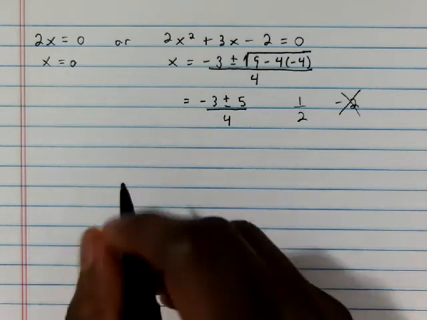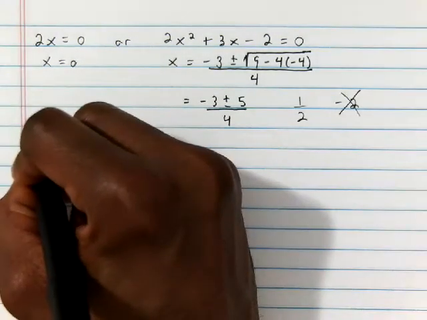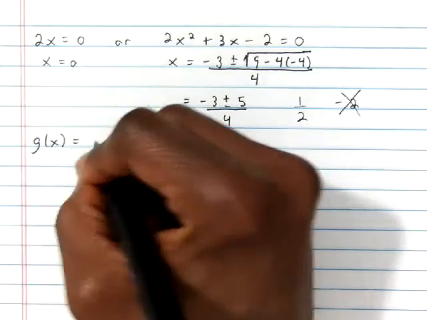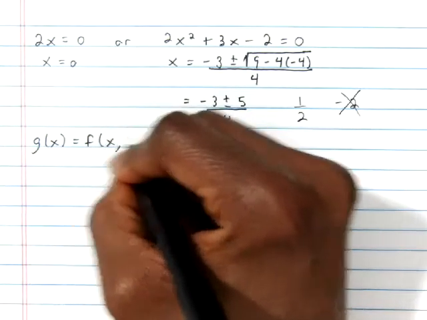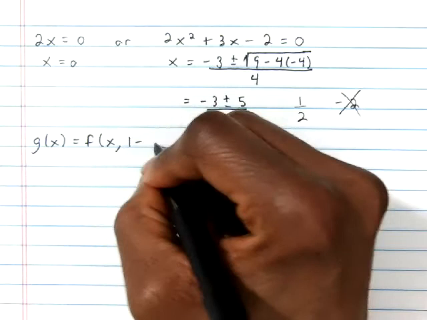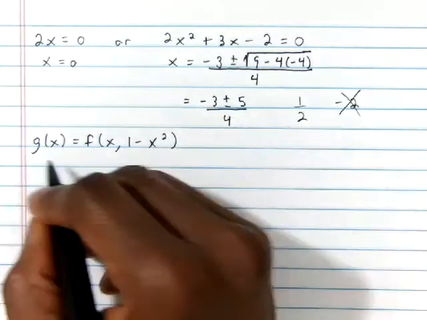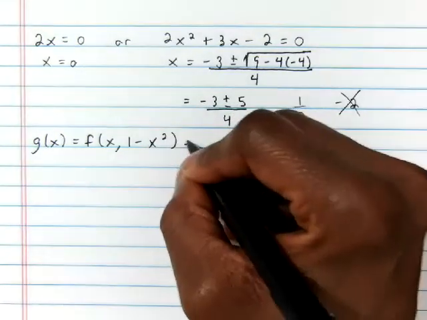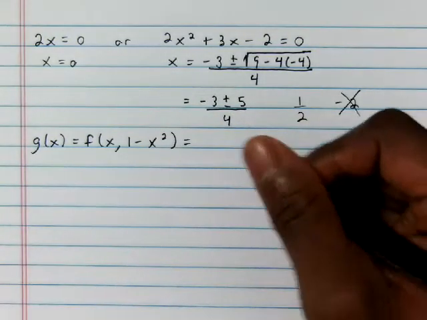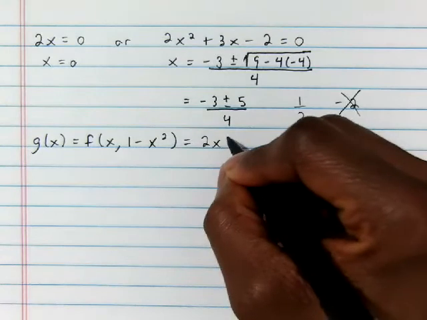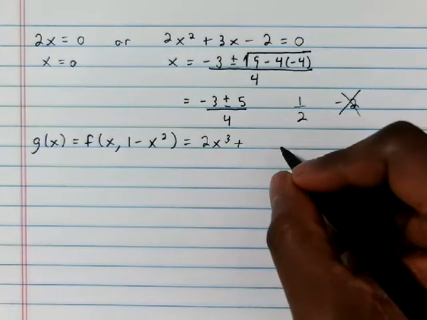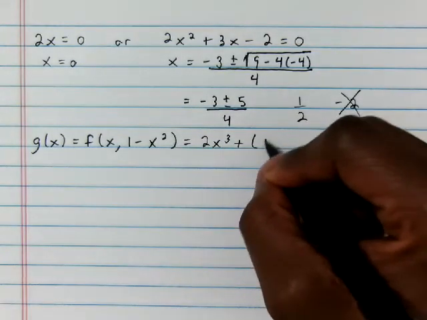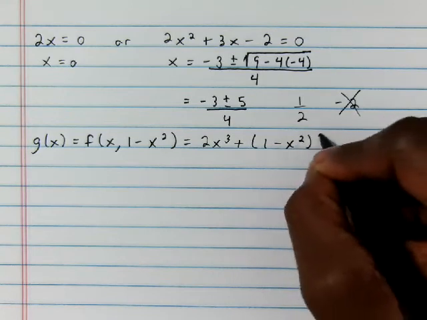So we're concerned with the function f, but remember, g of x is f of x comma 1 minus x squared. So g is our function f still. We haven't lost this function f, which was 2x cubed plus 1 minus x squared quantity squared.